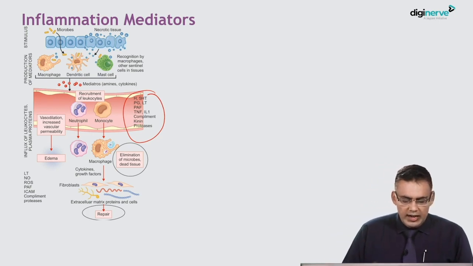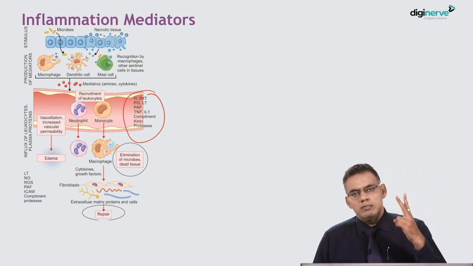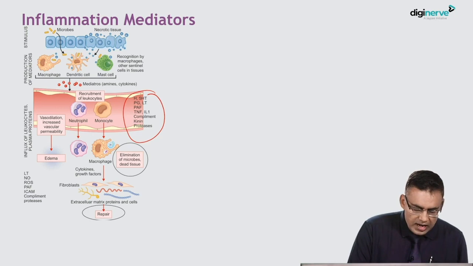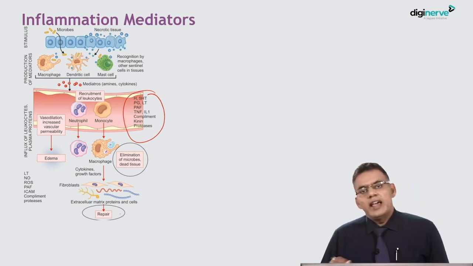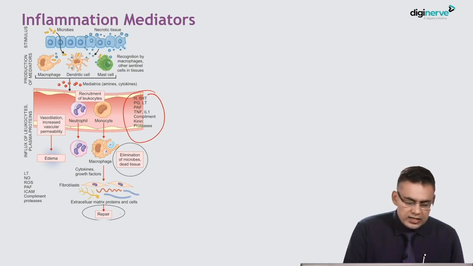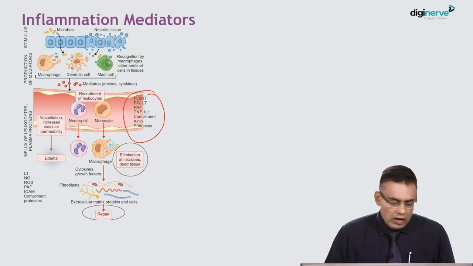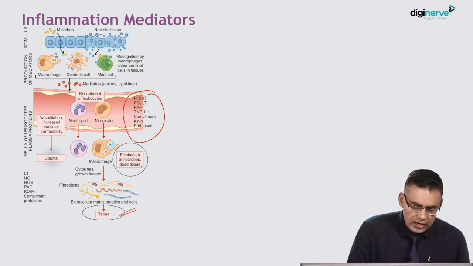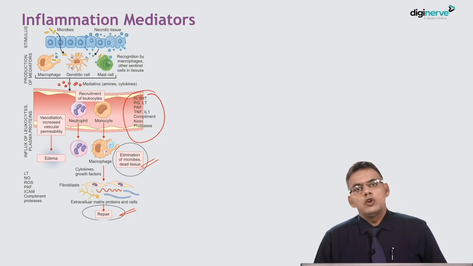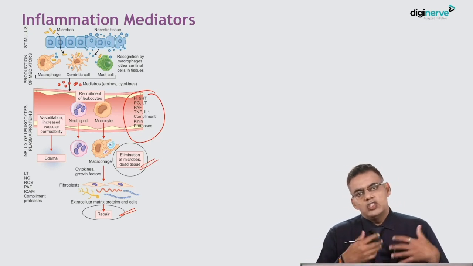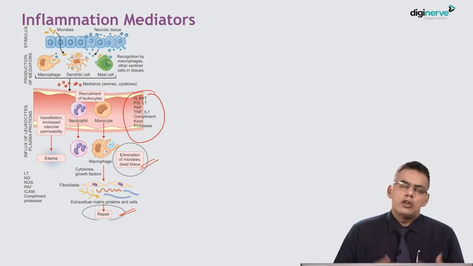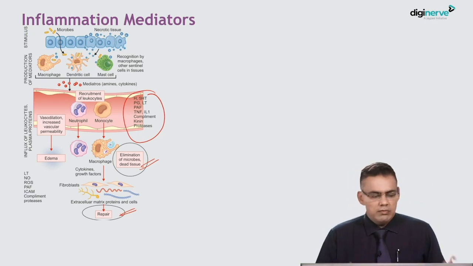As I mentioned, it could result in two outcomes: if it is able to eliminate the microbes or tissue, it results in improvement or cure, or it could result in a repair process which would mend the changes that have happened because of the release of these mediators.